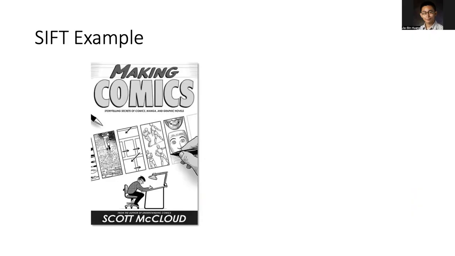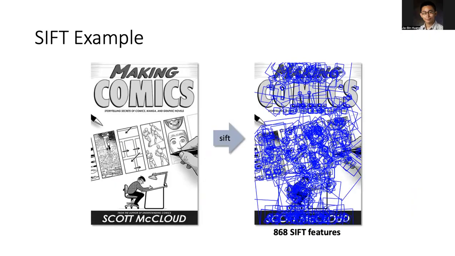Let me try to give you some intuition of why this could be useful. Given this image, you will be able to detect all the features, so you have very dense features. The reason this is useful is that these features are local.